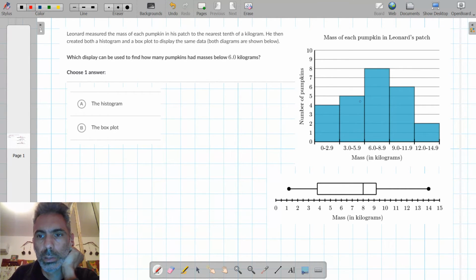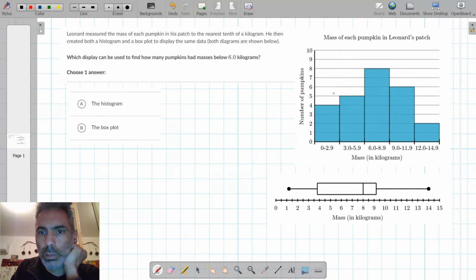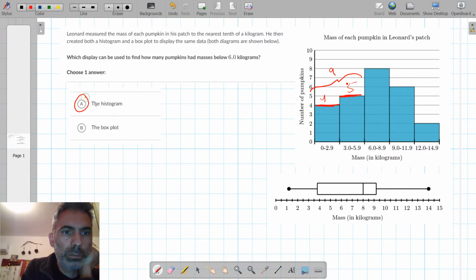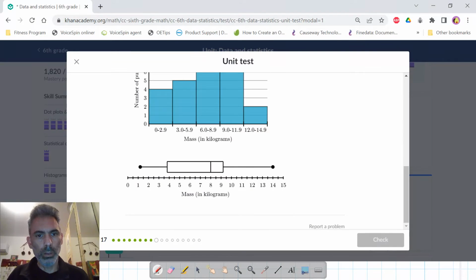But here we can easily calculate, because we have 5 pumpkins between 0.3 and 0.59 and another 4. So here we have 5 pumpkins, here we have 4 pumpkins, and in total 9 pumpkins below 0.6 kilograms. So the histogram is good to tell us the number of pumpkins below 0.6 kilograms. Okay. Next question.